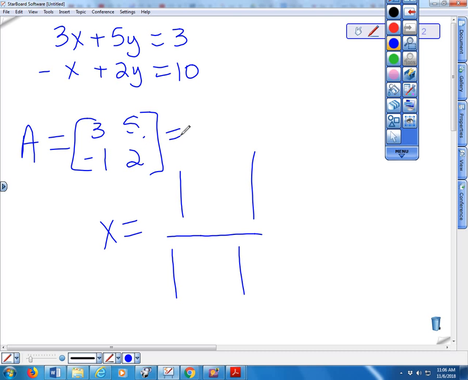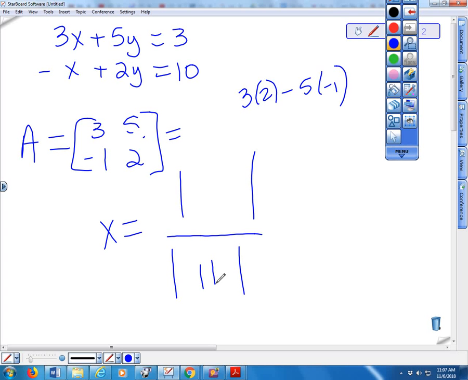How do we do it again from yesterday? 3 times 2 minus 5 times -1. Okay, good. 3 times 2 minus 5 times -1, which is 6 plus 5, 11. Okay? So the determinant of the coefficient matrix is 11.